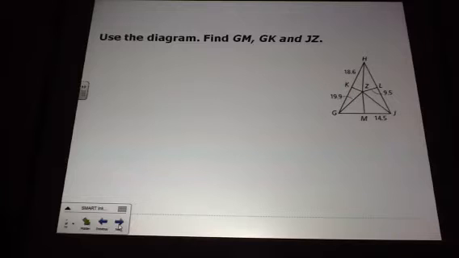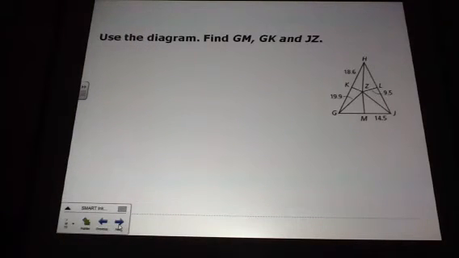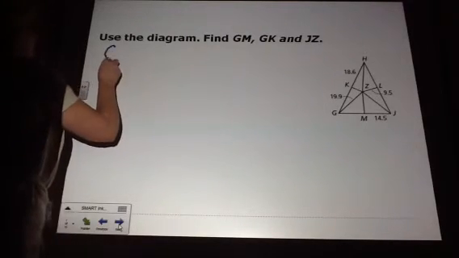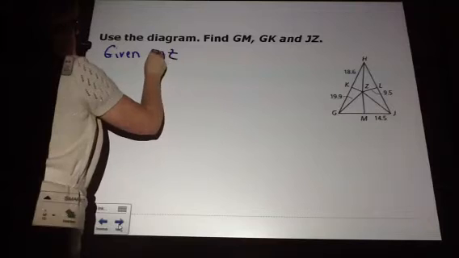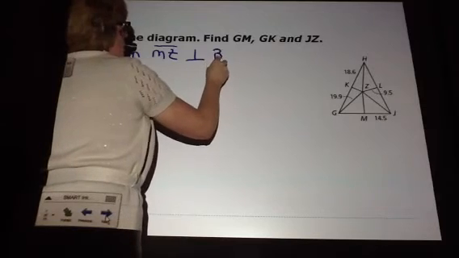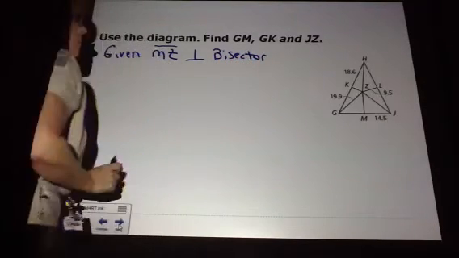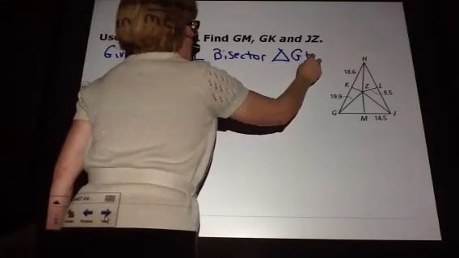All right, use the diagram to find GM, GK, and JZ. All right, we need to give more information here. Don't have enough information yet. So let's say that this is also given. MZ is perpendicular bisector of triangle GHJ.